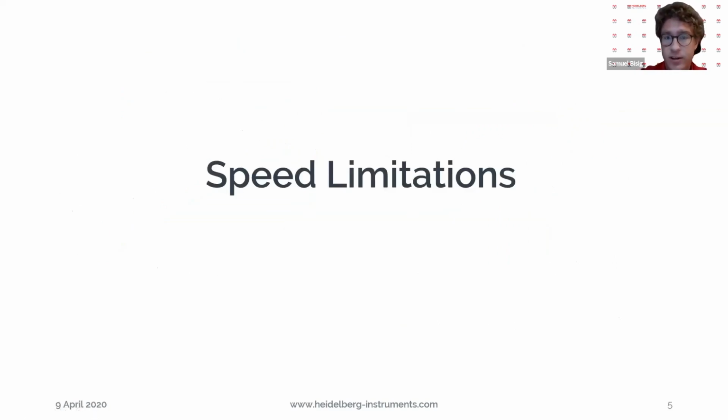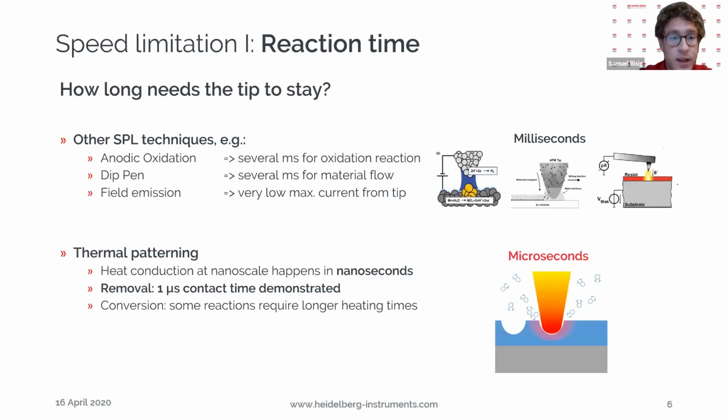Then we go into the speed limitations, which is the first part of the talk. The first limitation is the question of how long the tip needs to stay. So what is the limiting reaction time? If you compare it to other SPL techniques, like anodic oxidation or field emission, just as examples, you can see the reaction always needs a certain time to get induced and triggered. This is in the range of milliseconds.